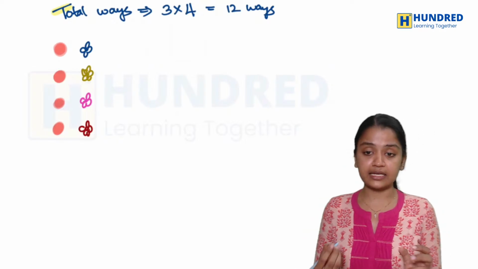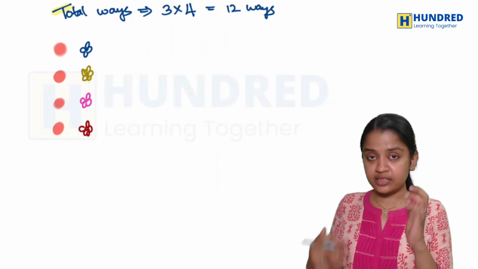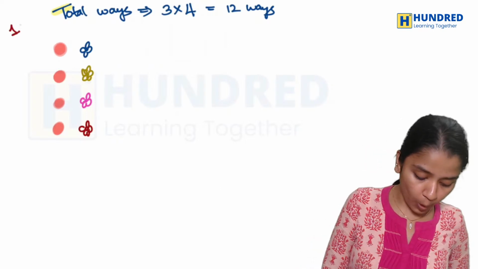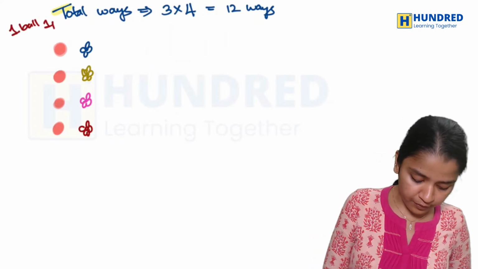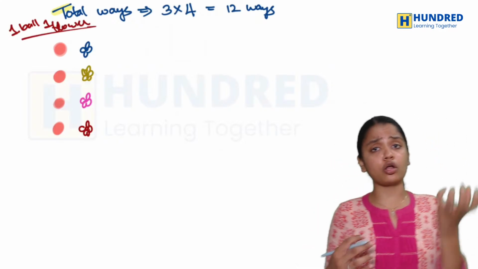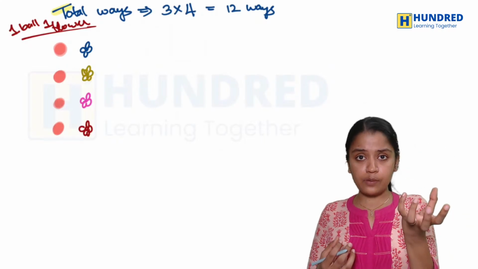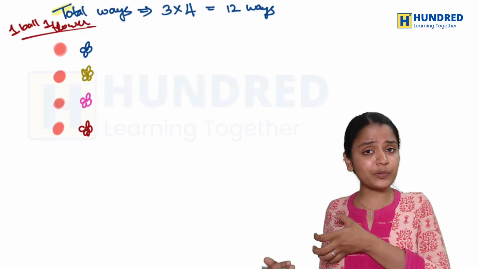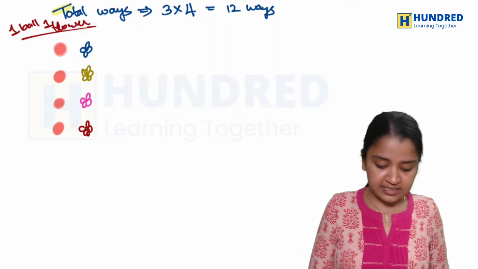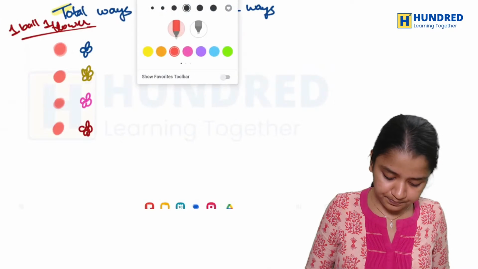So basically, 1 red ball you can pair with, I just want 1 ball and 1 flower. So first, what am I taking? It can be a red ball, it can be a blue ball also. If I'm concentrating on the red ball, 1 red ball, I can pair it with 4 flowers. Same way, my next color is yellow.